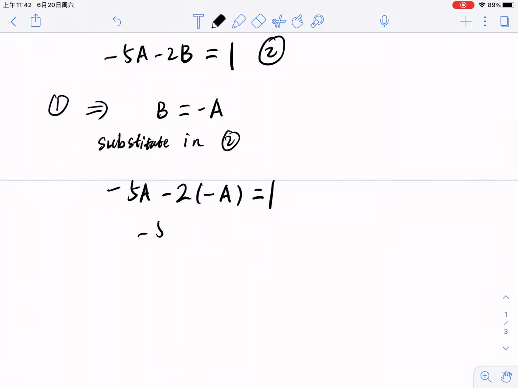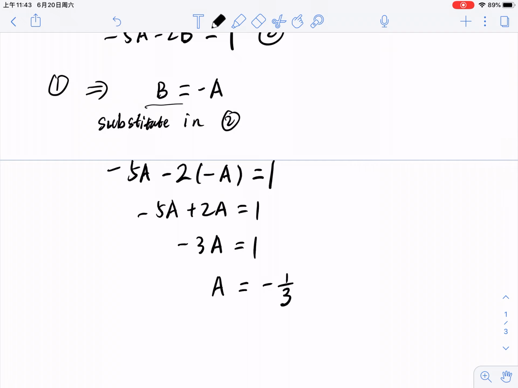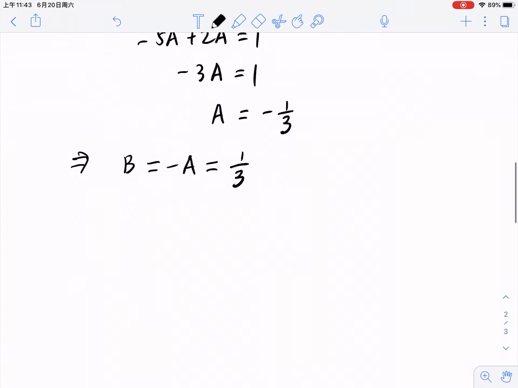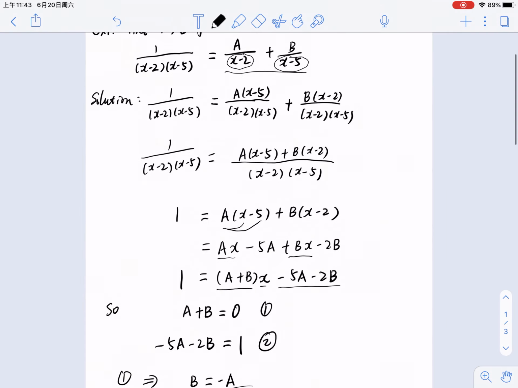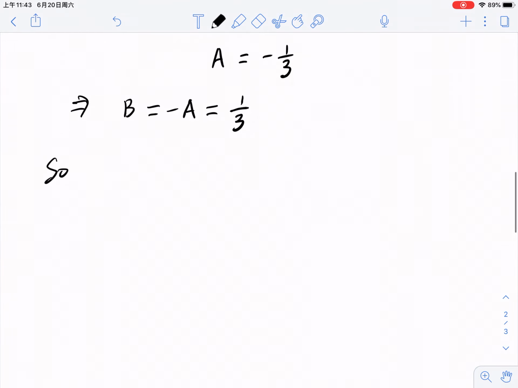So this is negative 5A plus 2A is equal to 1. Negative 3A is equal to 1. A is equal to negative 1/3. So from here, we know B is negative A, so B is 1/3. So we have A is equal to negative 1/3, B is 1/3.